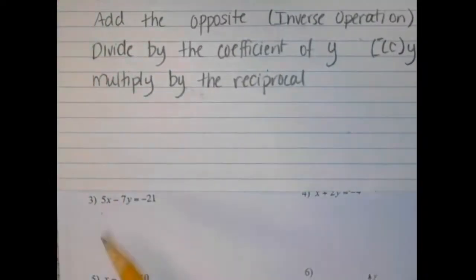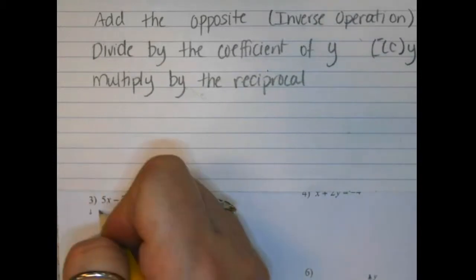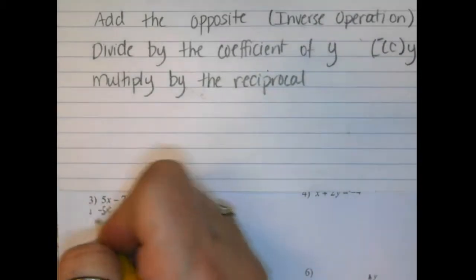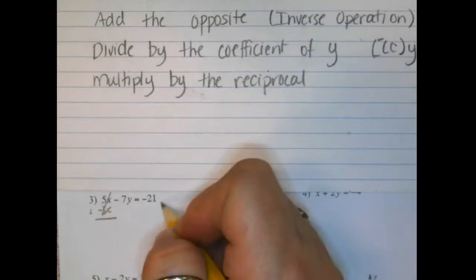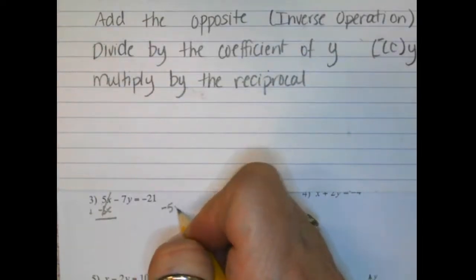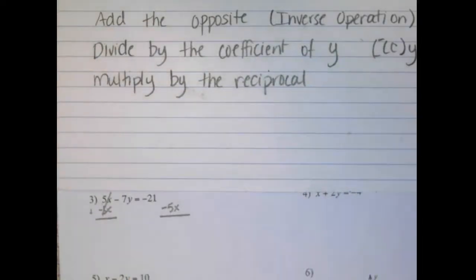Okay? So by adding the opposite, I mean I need to move this 5x to this side by adding the opposite to both sides. So what is the opposite of a positive 5x? So I'm going to add negative 5x, which really is going to give me 0 on this side. And I'm going to add negative 5x on this side. Because 5x minus 5x is 0.